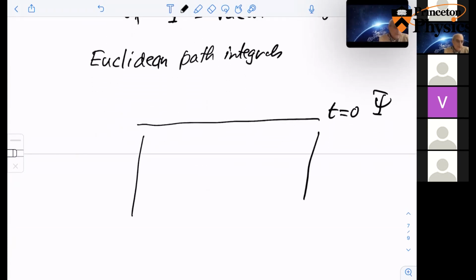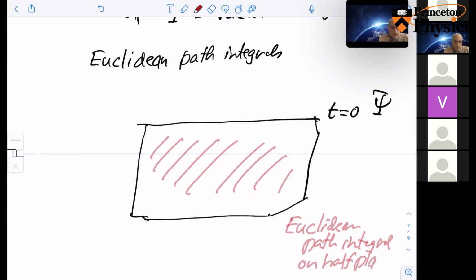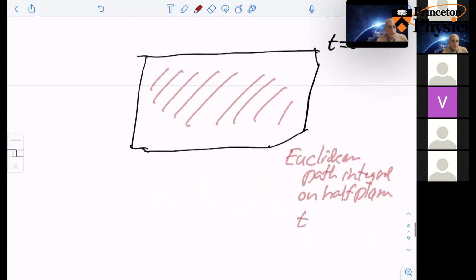What we hopefully know from our study of path integrals in field theory is that a Euclidean path integral on the half plane where t is negative computes the ground state psi.